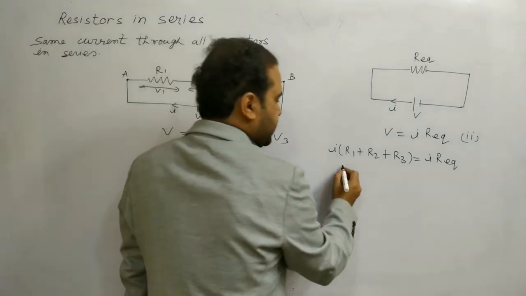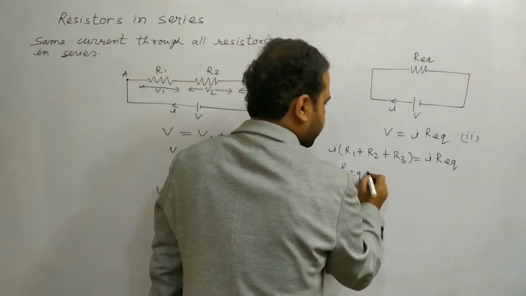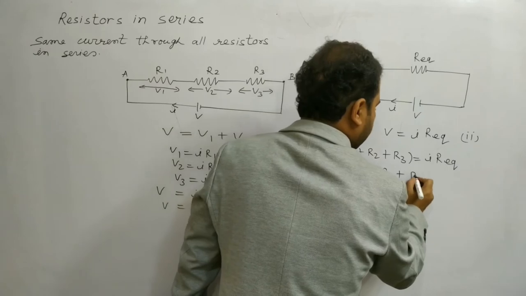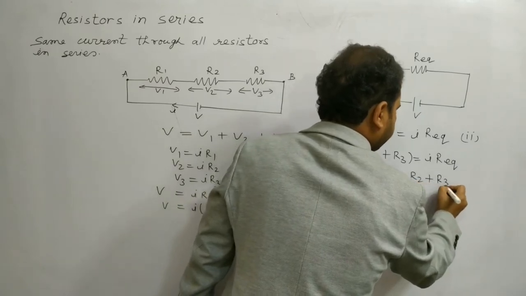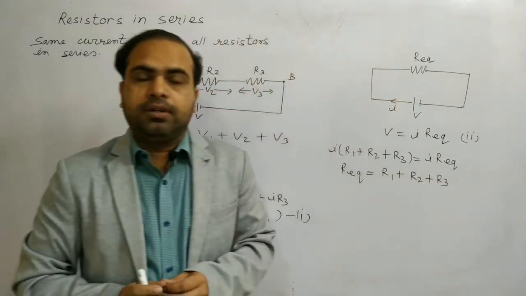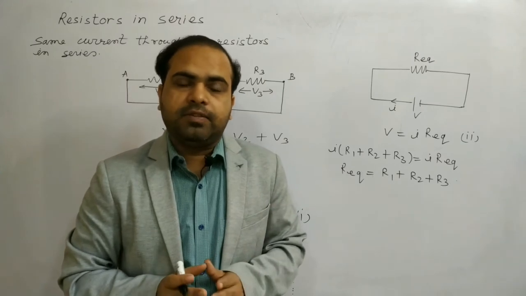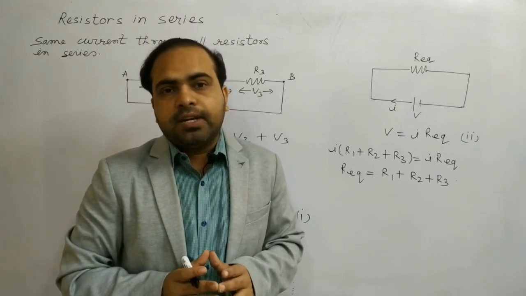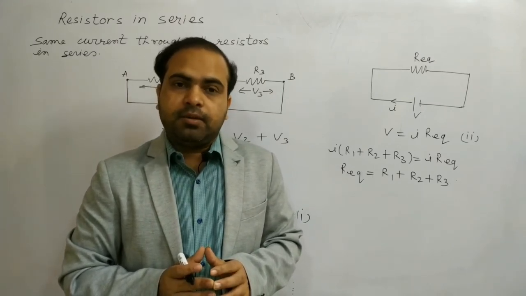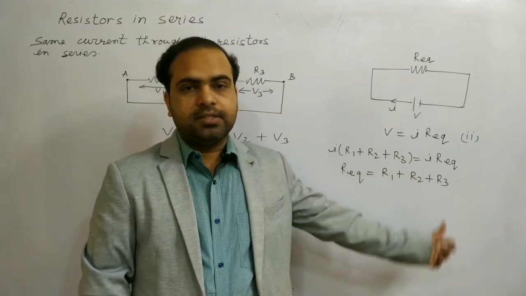So from here we get R equivalent equals R1 plus R2 plus R3. So in series combination of resistors, equivalent resistance will be simply the sum of all the individual resistances.